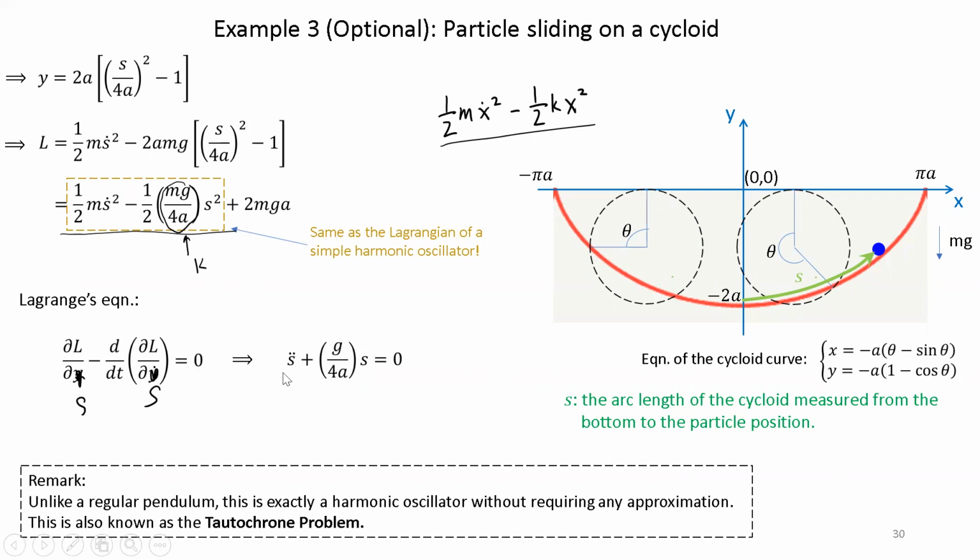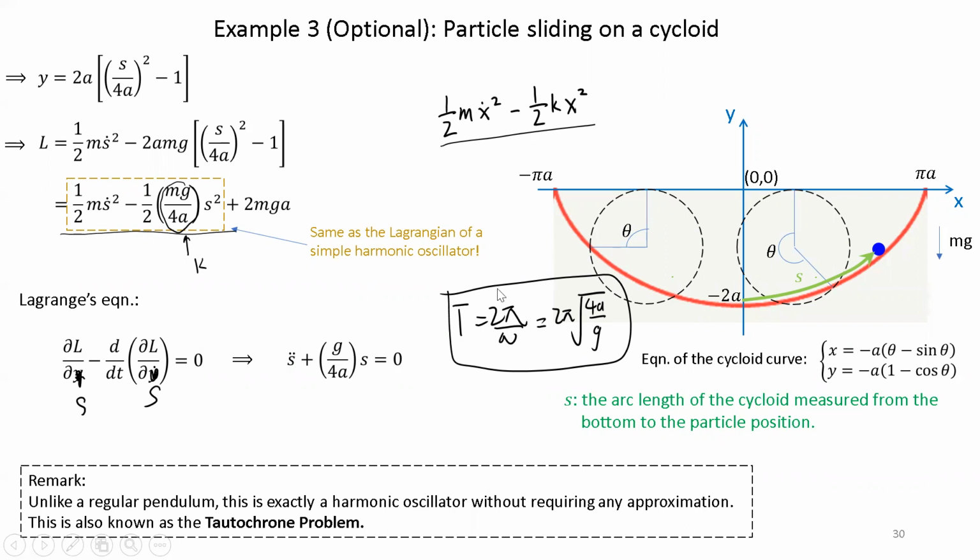So from this, you know that the omega of the system is this square root of g divided by 4a. So your period would be 2 pi divided by omega, so 2 pi times the square root of 4a divided by g. Now you can see that this answers the question.